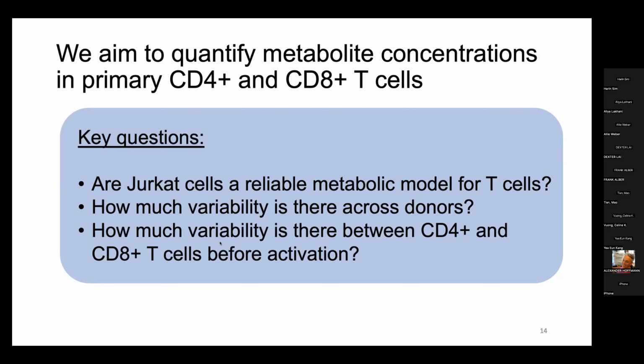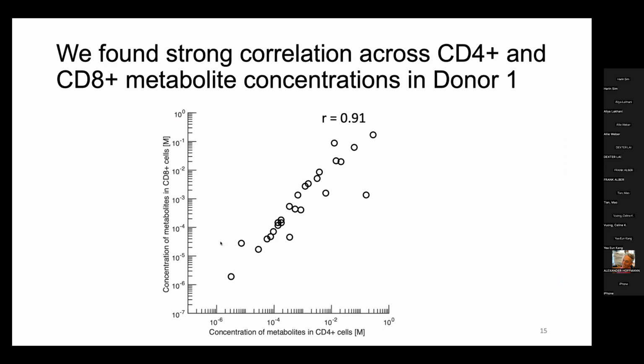So this week, I got to do this for the first time with one donor. So I got PBMCs and I was able to isolate CD4 plus and CD8 plus populations and do shotgun metabolomics with them. So I've got some preliminary data. The first interesting piece of data that I found was with the 30 or so metabolite concentrations that I've measured thus far.